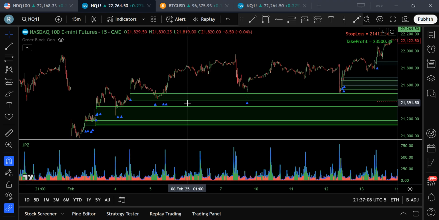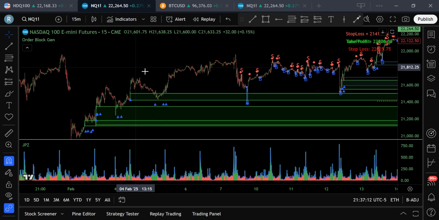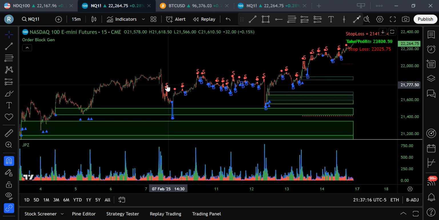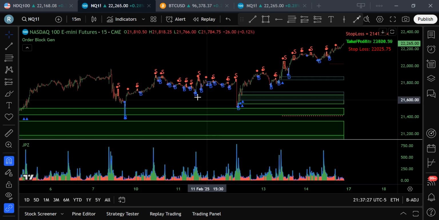And so I say that because I want to bring in the order block gen indicator as well and pair it with this. We can see here it finds a number of bearish order blocks, which is great, and each one plays out well enough. Again, if you're into scalping, you can do that.